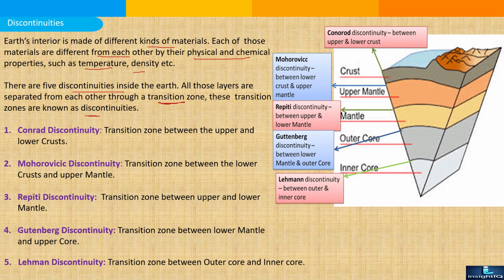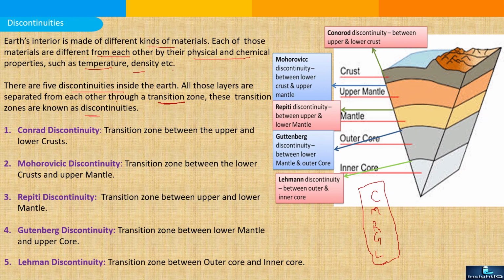This is a simple representation of the discontinuities in image form. A simple way to remember all discontinuities in sequence is C, M, R, G, L. Just remember it 2 or 3 times and you will remember all these names in sequence, CMRGL.